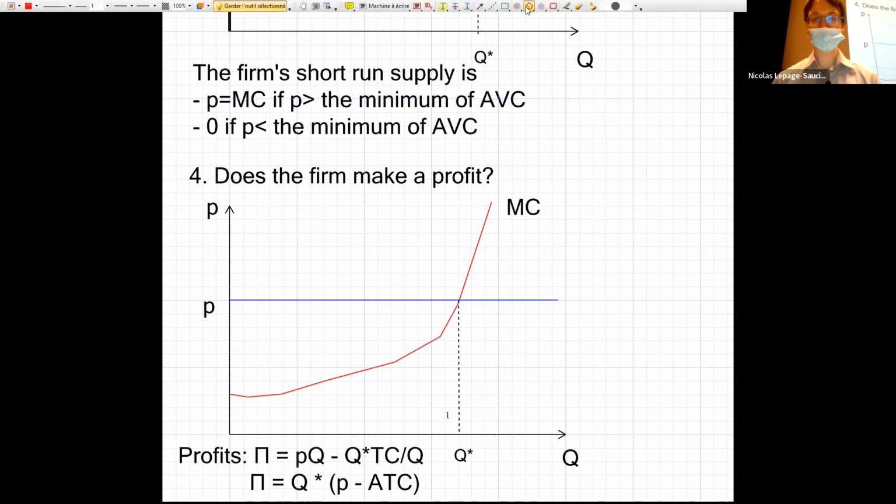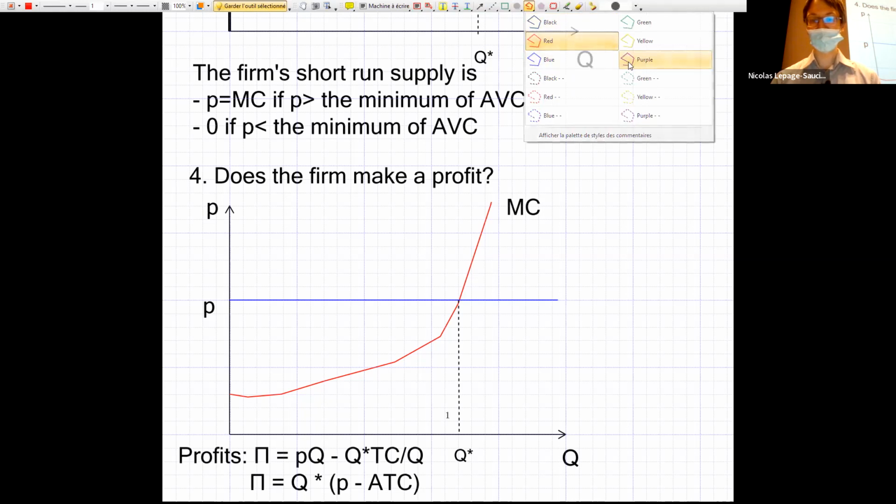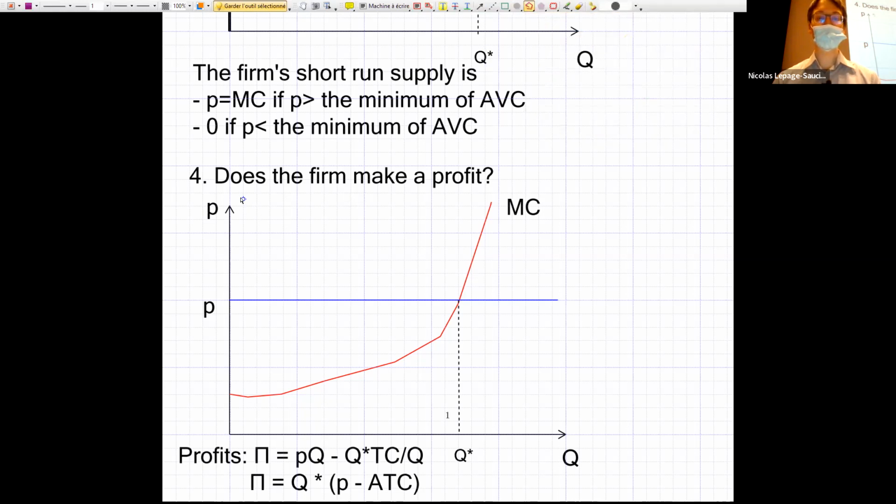So what does the average total cost look like? We did discuss that briefly before. It's very, very high, infinite, essentially, for a quantity of 0. Why? Because I have this factory to pay. So imagine I'm Elon Musk, and I just built my gigafactory in Texas.